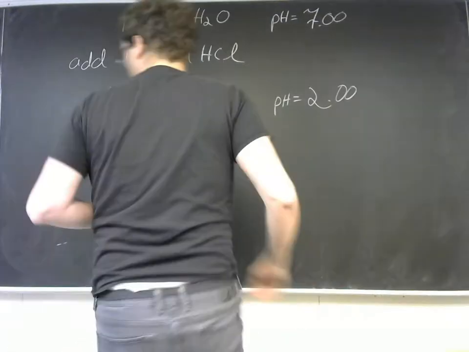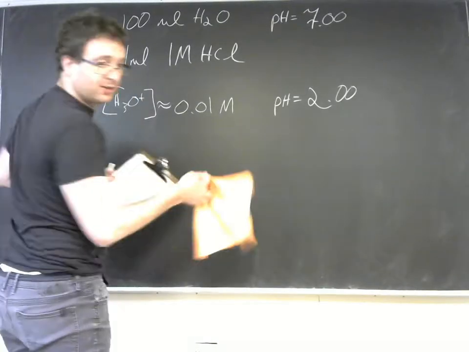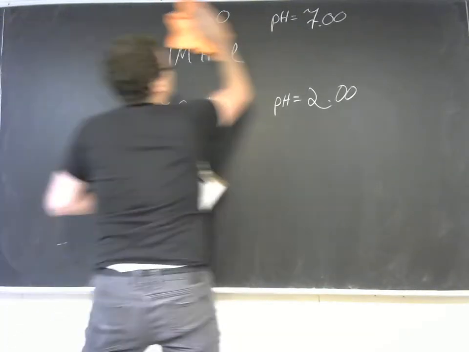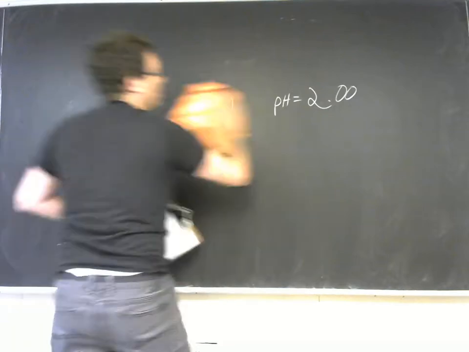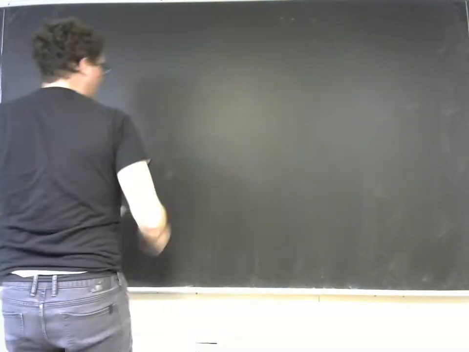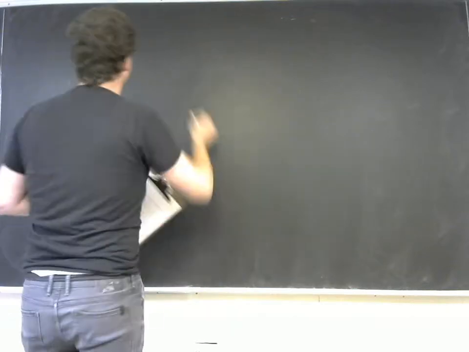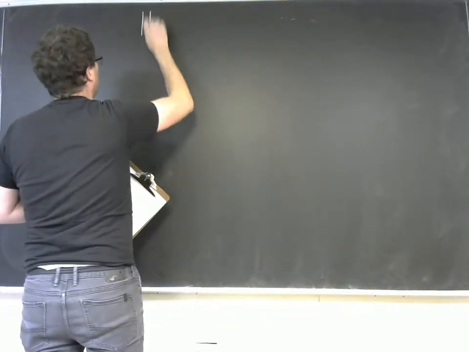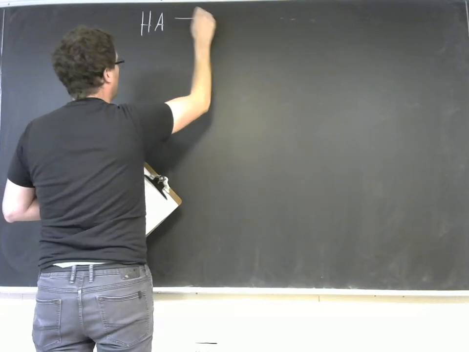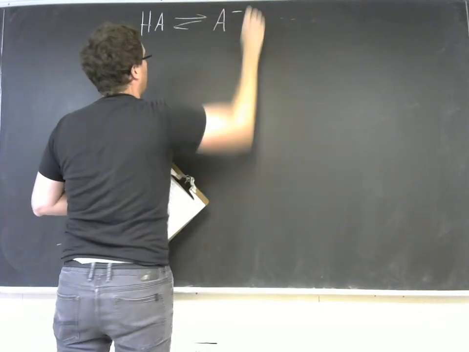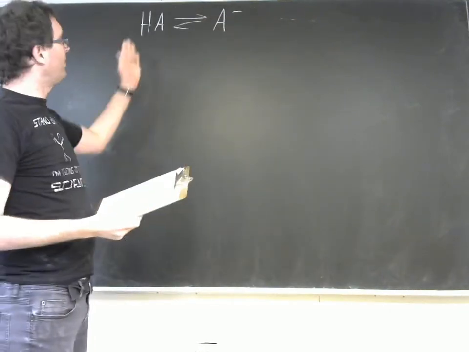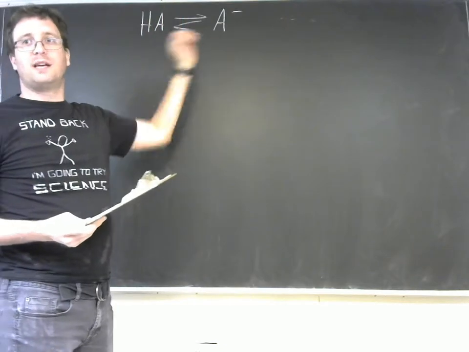So how do they work? They seem almost magical when you first encounter them, but they actually make a lot of sense when you understand how they work. Okay, so in a buffer solution, you have roughly equal amounts of an acid-base conjugate pair.